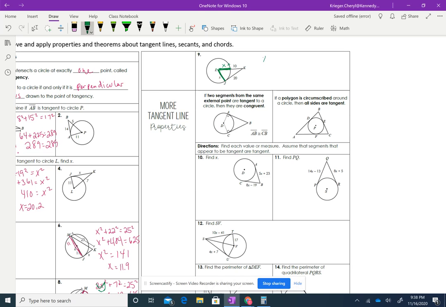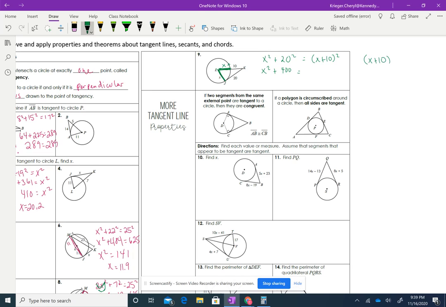I'm going to say x squared plus 20 squared equals x plus 10 squared. Okay. X squared plus, well, 20 times 20 is 400, equals x plus 10 squared. And I'm going to multiply those binomials.